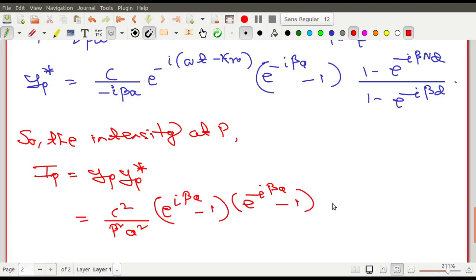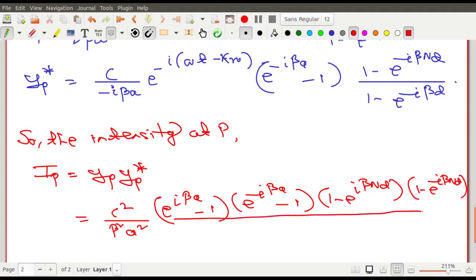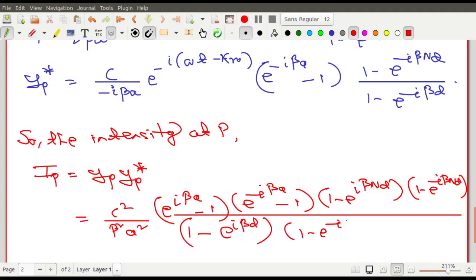This is a pair. Similarly the next pair would be 1 minus e to the power I beta nd and 1 minus e to the power minus I beta nd. This is another pair, and at the bottom you have 1 minus e to the power I beta d and 1 minus e to the power minus I beta d. Okay, that's it.